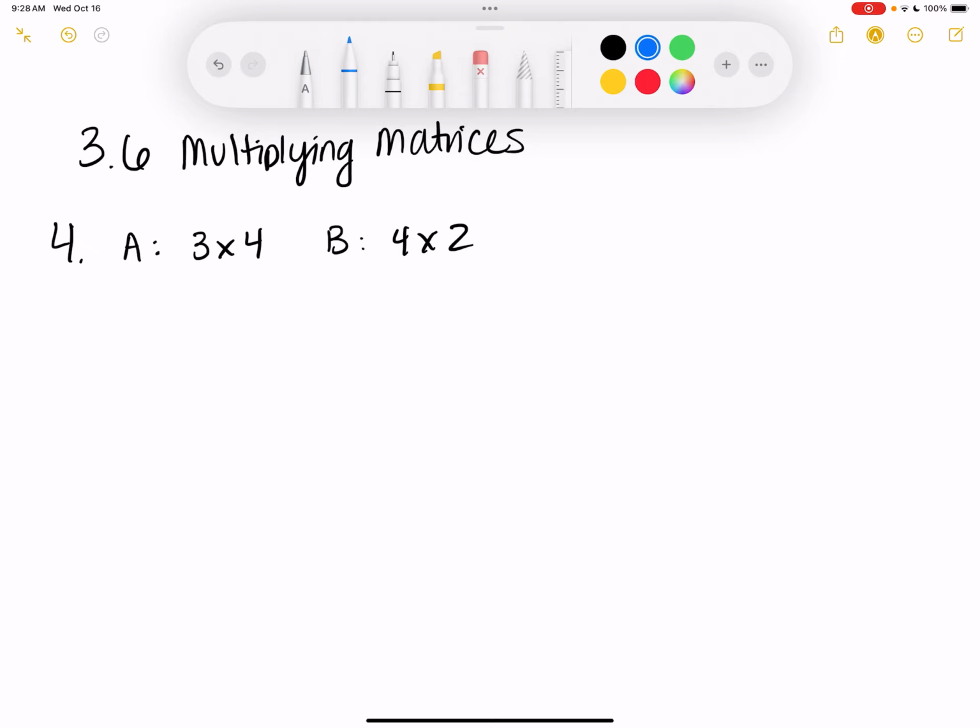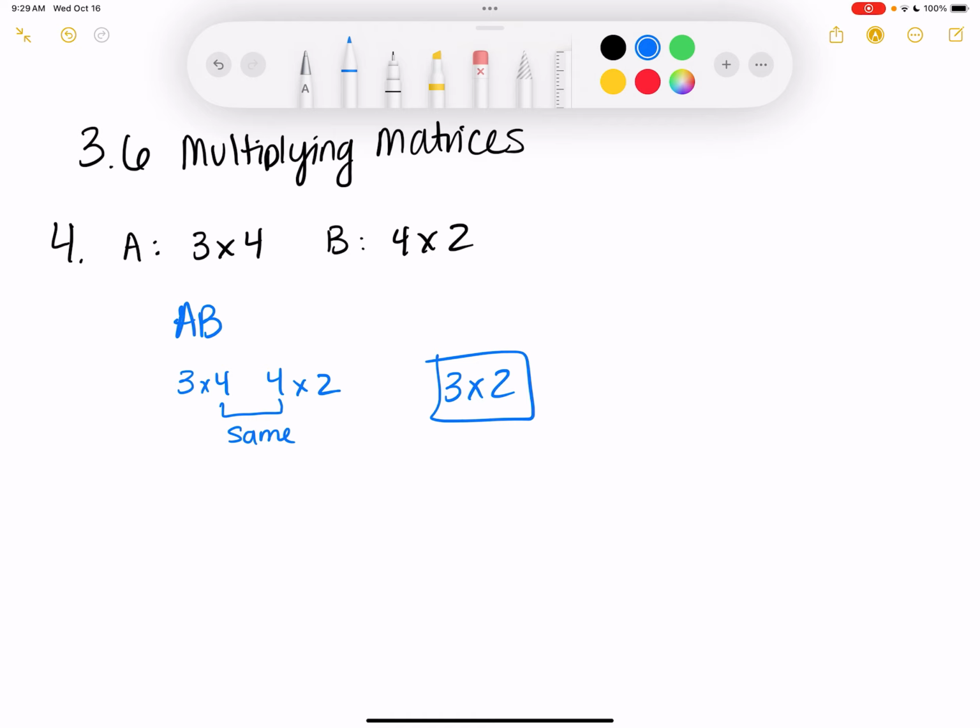When I look at this, it's A times B, meaning I've got a 3x4 and a 4x2. If these match, which they do, then it works, and the result is a 3x2. If the middle terms are not the same, then it does not work.